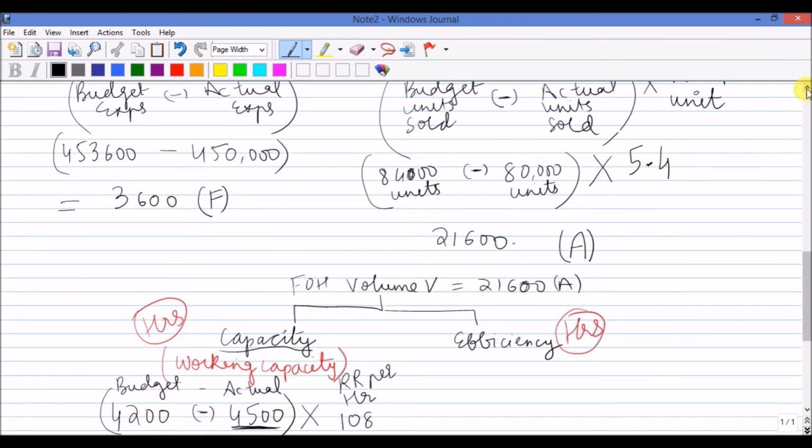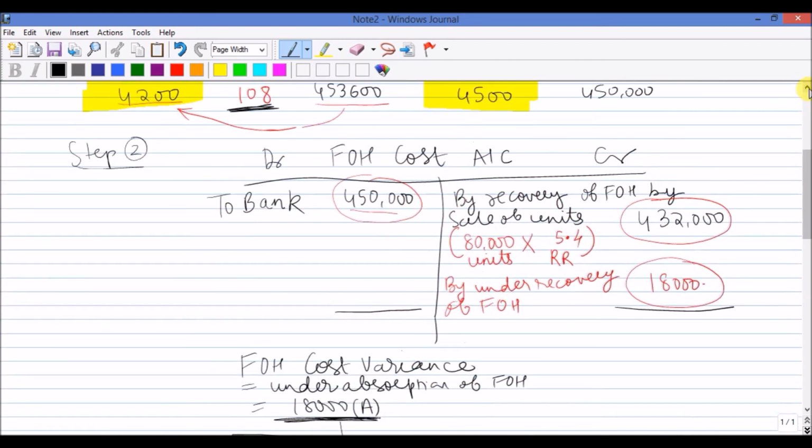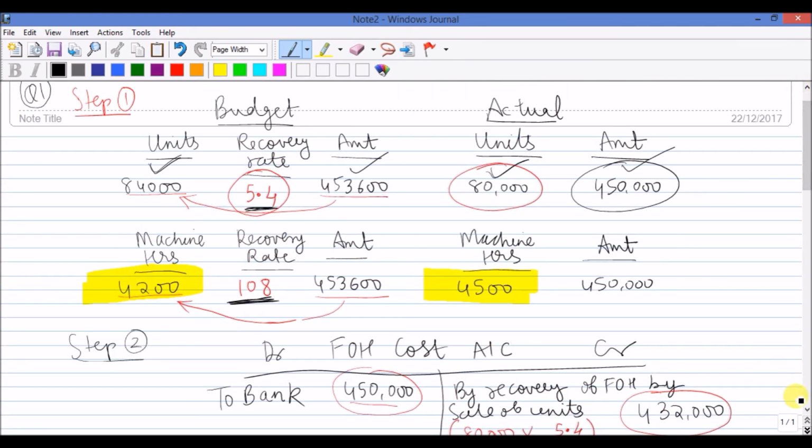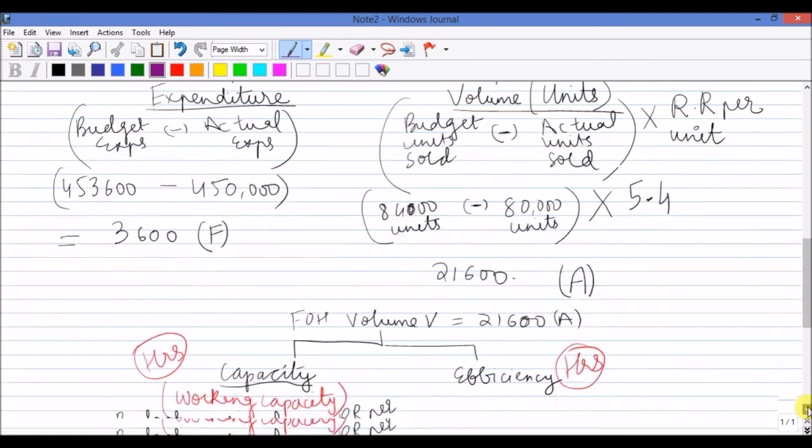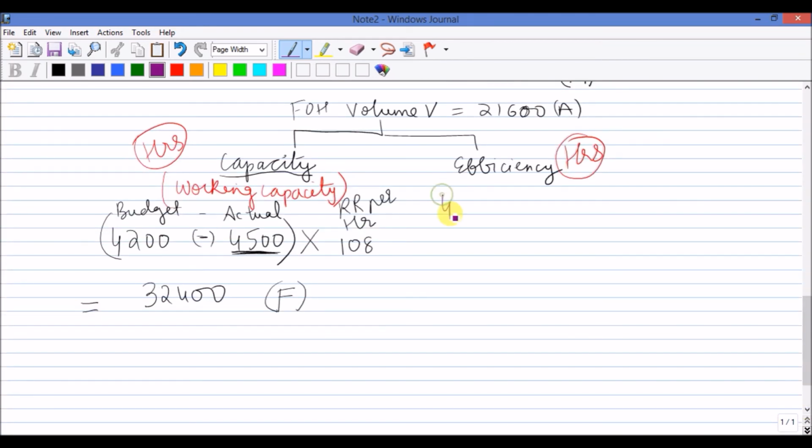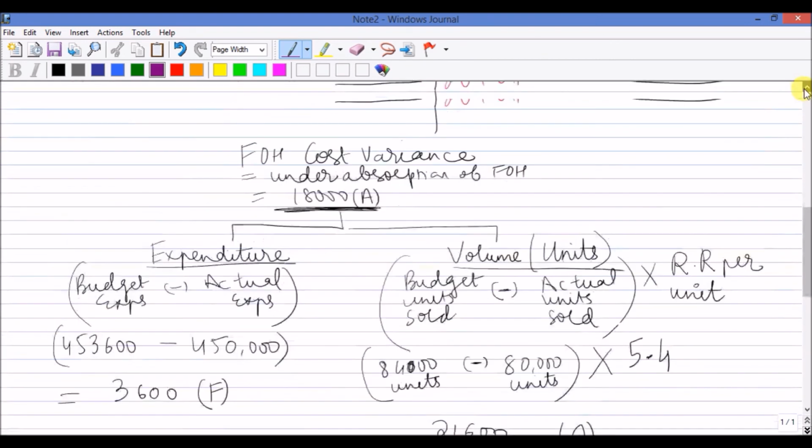Now we are doing with efficiency. Now friends, efficiency is always in hours, so remember, 4,200 hours I took to make 84,000 units. And in actual, how many units I'm making?